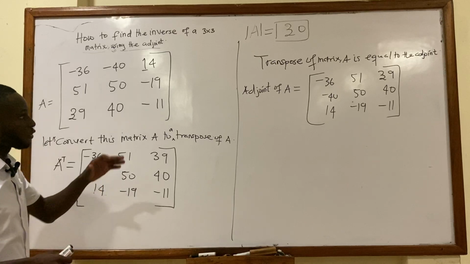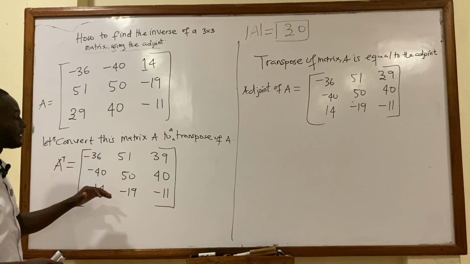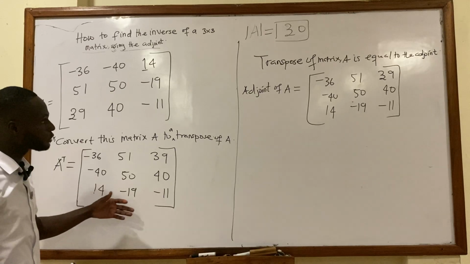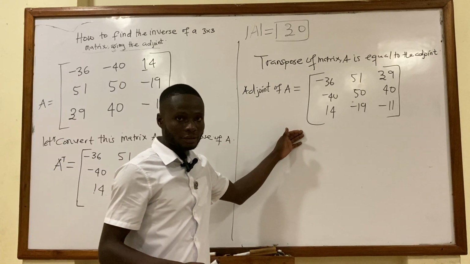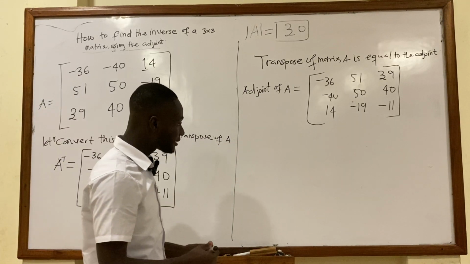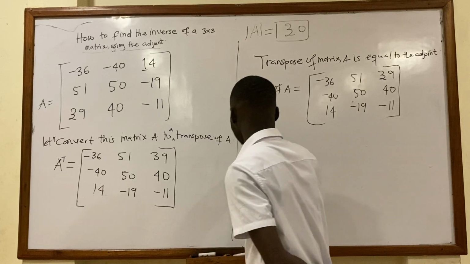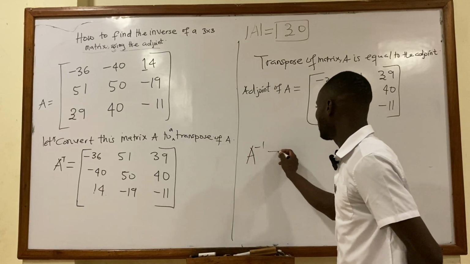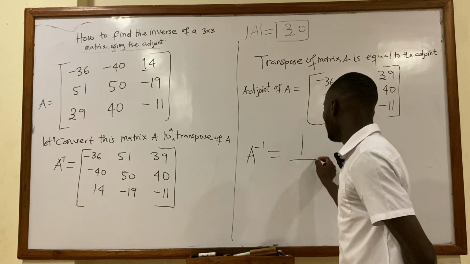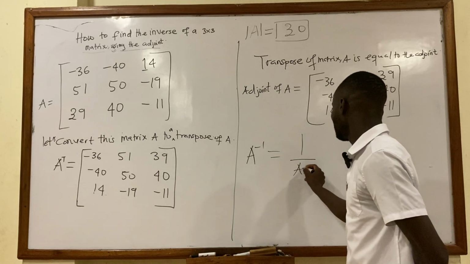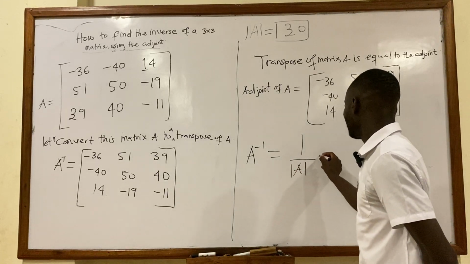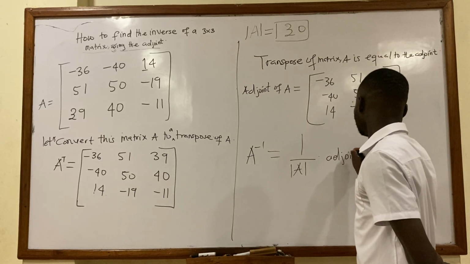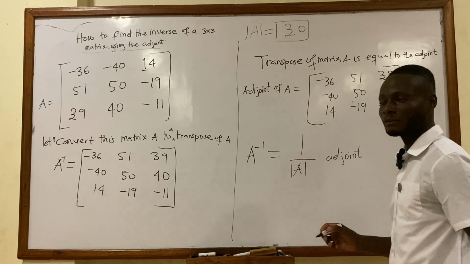Right from the cofactor, we find the transpose of the cofactor, so the transpose now becomes our adjoint. Good. And the inverse formula, the inverse of A using the adjoint, is equal to 1 over the determinant of A times the adjoint, right?